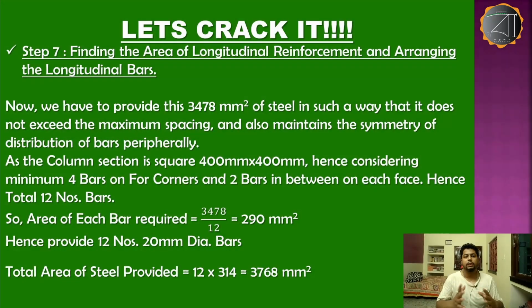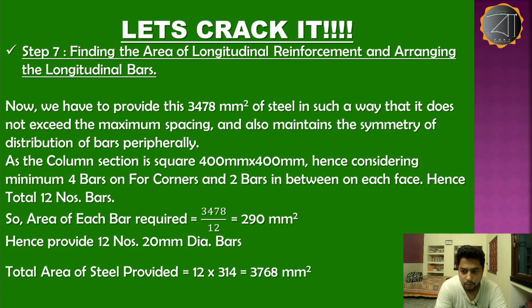Now, we are done with finding the area of the longitudinal reinforcement. Now, we have to arrange it, right. We have to provide this 3478 mm square of steel in such a way that it does not exceed the maximum spacing, that is 300 mm peripherally, and also maintains the symmetry of the distribution of the bars peripherally.